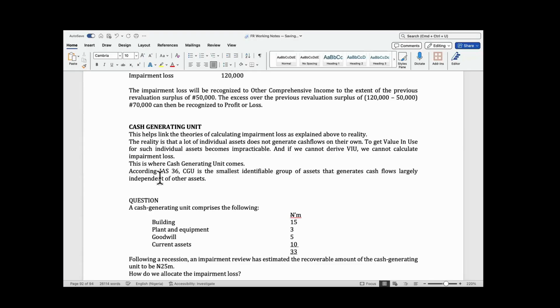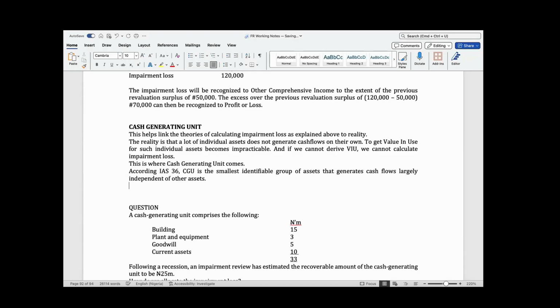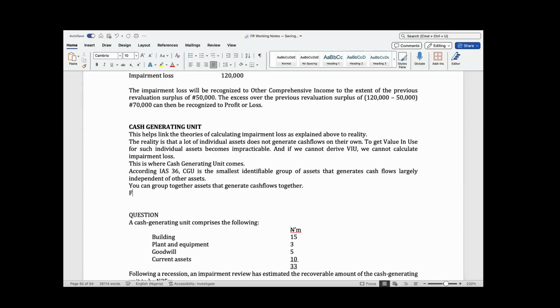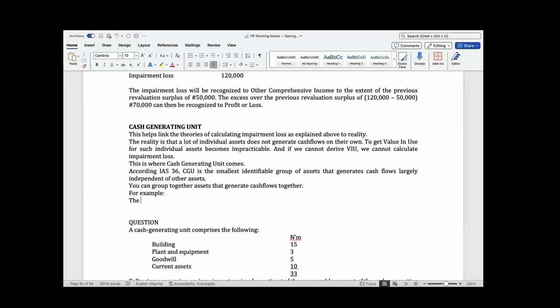So what this does for us is this: you can group together assets that generate cash flows together. For example, the whole factory is a CGU.